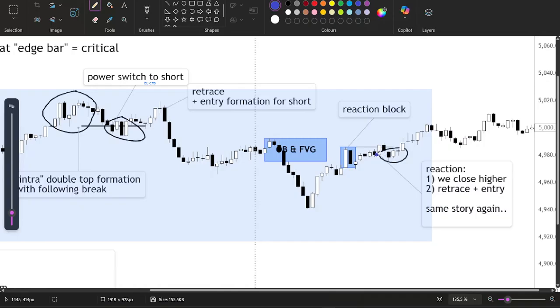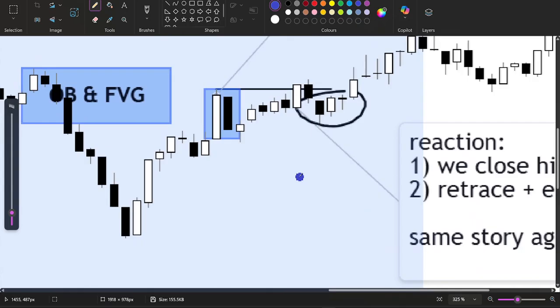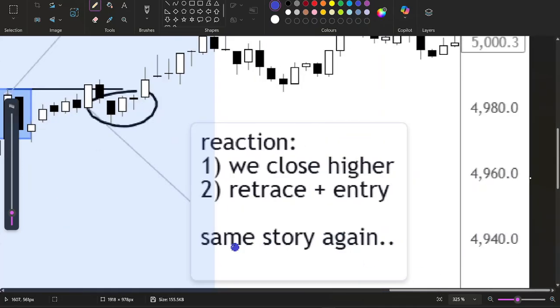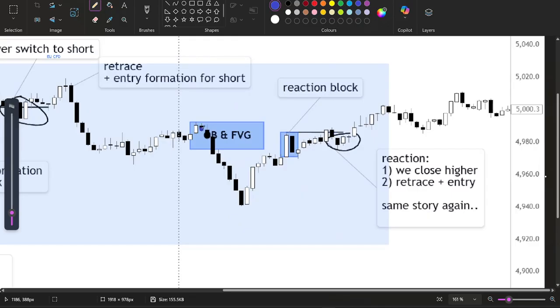And I know it's very small, it is very small after all, but you see, we close higher, move down, gap, oh yeah, very visible, and then black and white, this is a power formation up, these two, and same story again. And yeah, target not this, target should be this, but I don't know if we hit that, but maybe we switch later to the short side, but yeah, retrace with entry, etc.